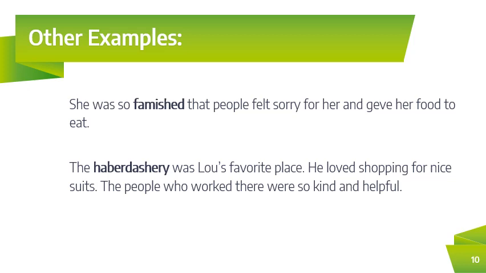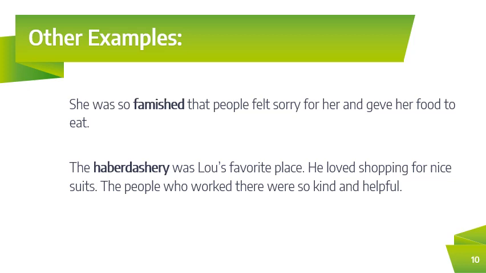Okay, so I have here another example. We have, she was so famished that people felt sorry for her and gave her food to eat. I'm so sorry for the wrong spelling. It's gave, G-A-V-E. So the unfamiliar word is famished. If you're going to analyze the sentence, it's quite hard for you to identify the meaning. Okay, so let's find the clue.